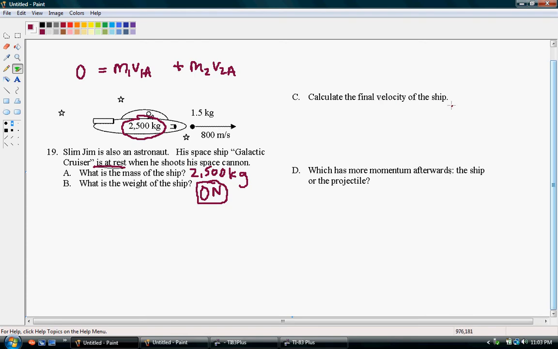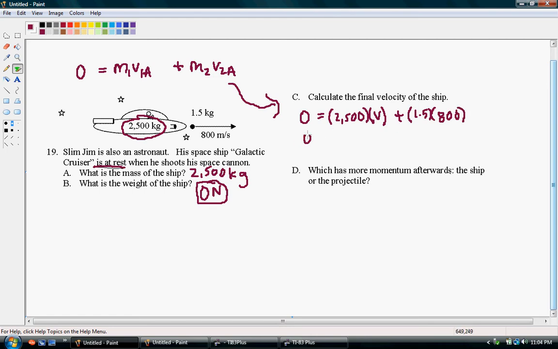Alright, calculate the final velocity of the ship. So we're going to take our conservation of momentum equation. 0 equals, the mass of the ship is 2,500. Velocity is what we're trying to figure out, plus mass of the cannonball was 1.5 kilograms, and its velocity was 800 meters per second.